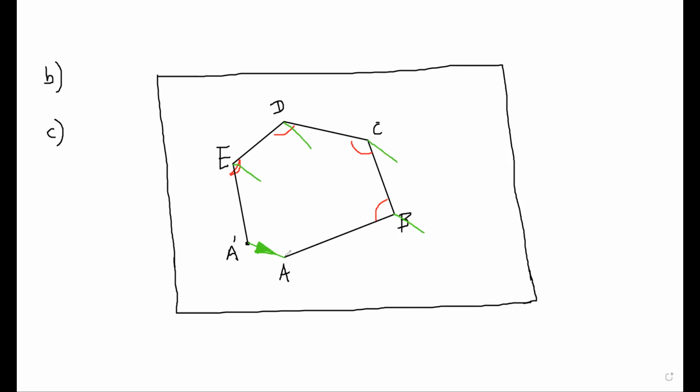This A dash should be taken to A, and as a result, all the other points also shift a little bit. So we assume that all the points will shift parallel to A dash A. So we draw parallel lines from all the points.